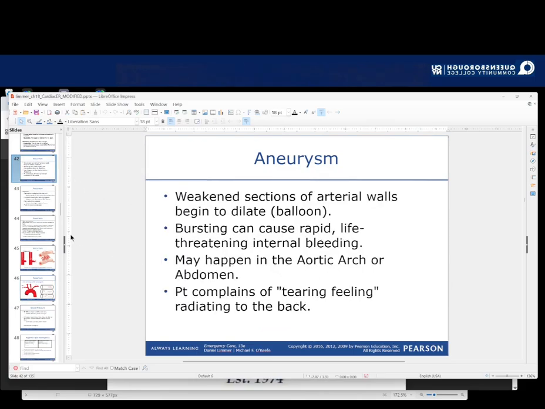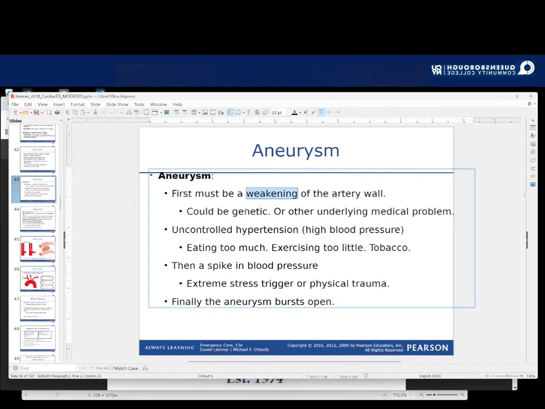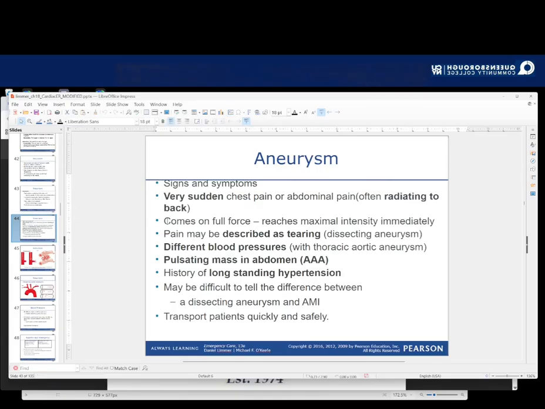Okay, weakened artery wall, and then a spike in the blood pressure, and the aneurysm bursts open. The buildup of the aneurysm is a very slow process, but the bursting is a sudden, immediate process.